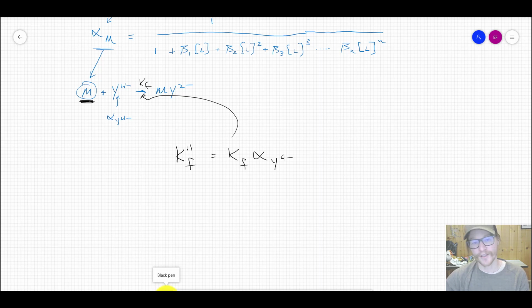This would give us our normal K prime or conditional KF, but then we're also going to multiply it by the fraction of metal that's present in solution unbound by the auxiliary complexing agent. So really this little thing here is the only difference that we're adding to the system.